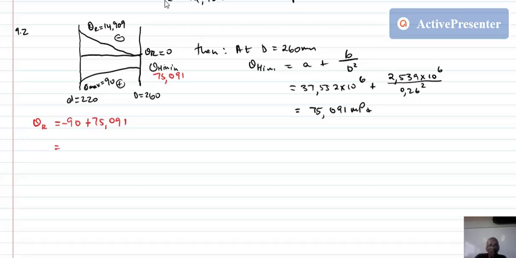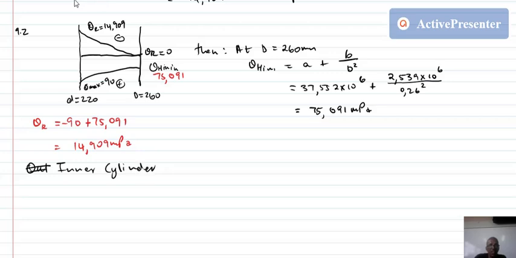So we have 90 minus 75,091. That gives 14,909 megapascal. So the difference is that the pressure is spreading in both cases. It's increasing in the maximum, and in the minimum it is decreasing.